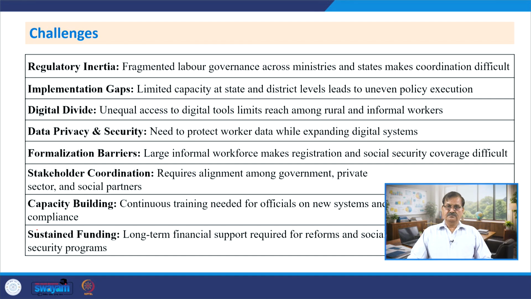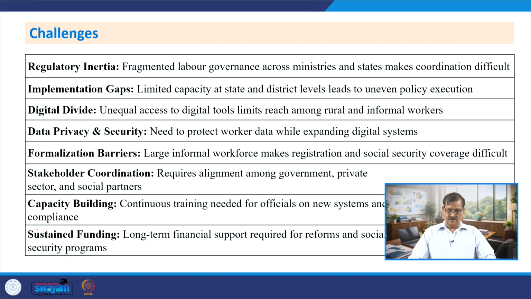Then, although efforts are going on to formalize the informal economy, there are several barriers towards formalization. A large informal workforce makes registration and social security coverage difficult. Stakeholder coordination is equally an important issue, especially as this requires alignment among government, private sector and social partners, including non-governmental organizations. Capacity building is equally challenged.